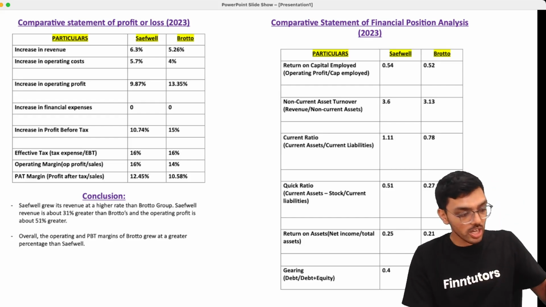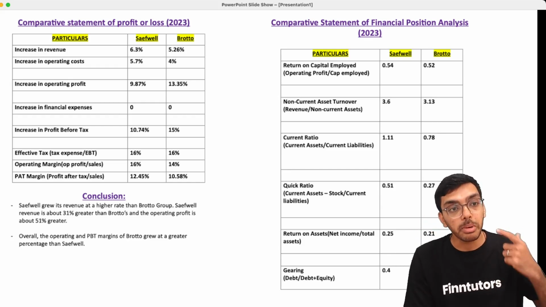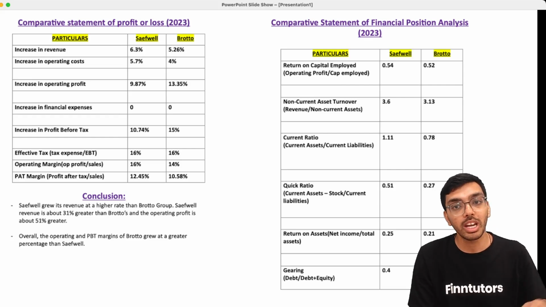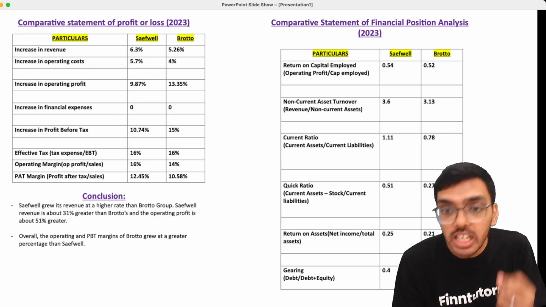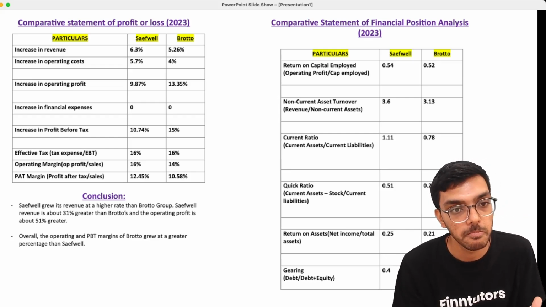So we are the larger company, yes, but in terms of percentage, Brotto is beating me in operating profit and in profit before tax, which means my business expenses, admin expenses, and operational expenses need to be controlled.